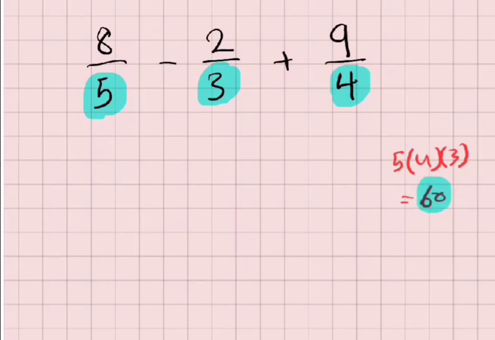So we're going to multiply the first fraction by 12, because 12 times 5 is 60. And the second one by 20, because 20 times 3 is 60.